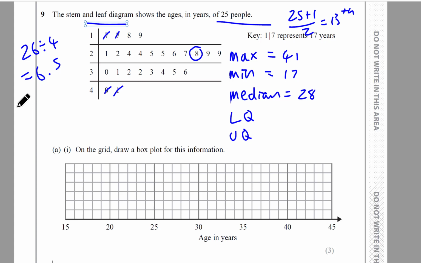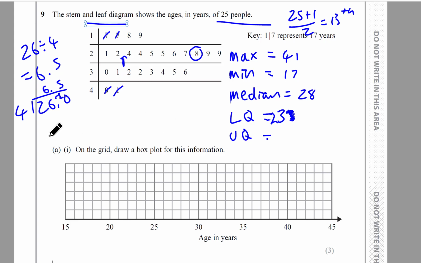If you're not sure of how to do that, just use your bus stop method, right? 4 into 26 is 6. Put the 0 in. Your remainder is 2. So it's 6.5. So it's quite easy to do. 1, 2, 3, 4, 5, 6. 6.5 will be here. So the lower quartile is 23.